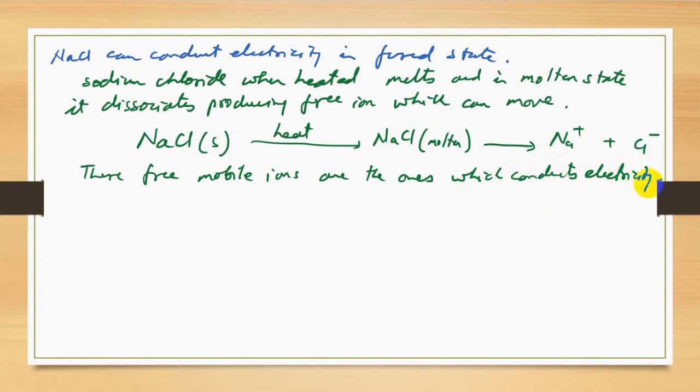So these ions, they are free to move because we have already heated. Heated means you have supplied lots of energy. Because of that energy, they have already overcome the force of attraction, and therefore they can move. And since they can move, they are conducting electricity.